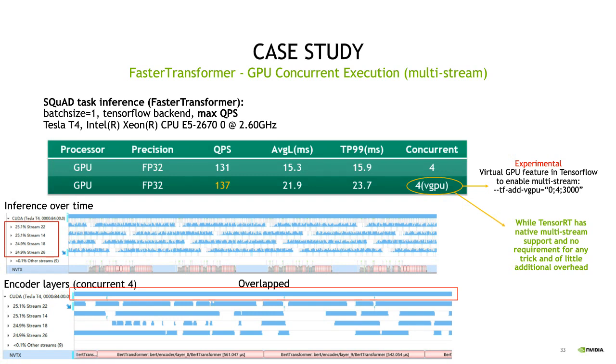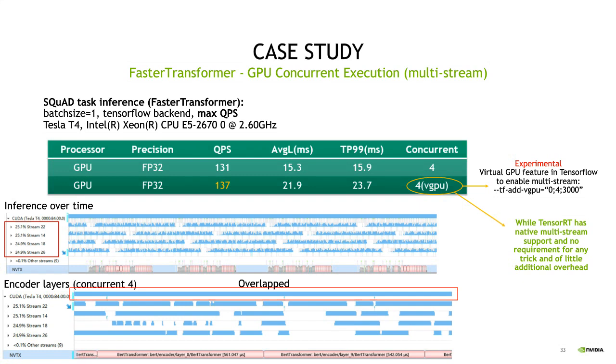Note that this is experimental and the performance gain is not guaranteed actually. Typically in this case, you should look into a better solution, such as TensorRT, which natively supports multi-stream to enable concurrent execution. See the timeline here.